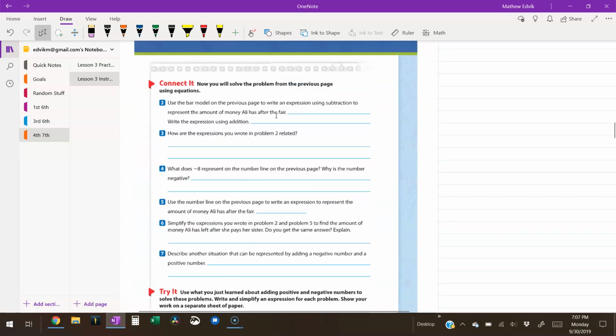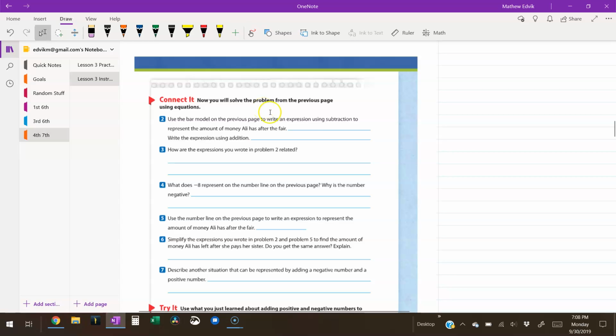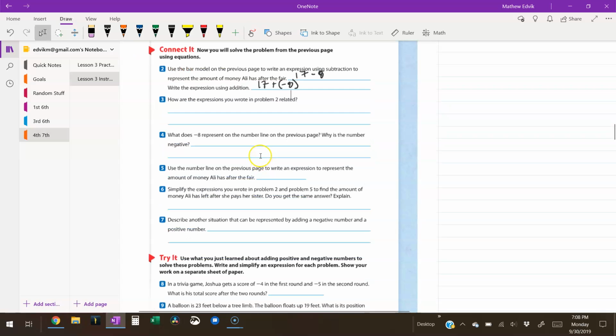So we talked about using the bar model to write a subtraction problem. And we said that the subtraction problem would be 17 minus 8. And then take a second to write it as an addition problem. It's probably already written in your book, actually, so I will just write it there. And we talked about why this is an expression. And so how are the two expressions related?